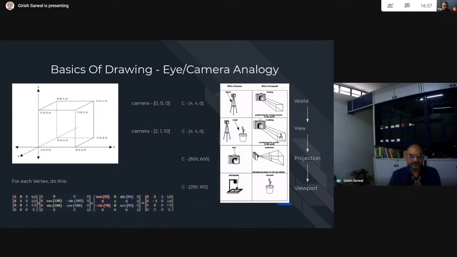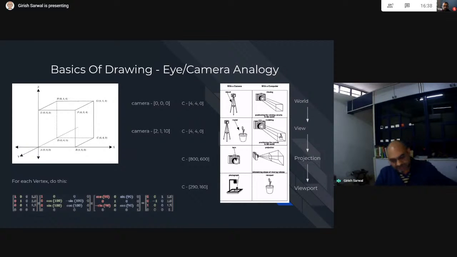The easiest way to figure out how 3D objects get converted into 2D space is by understanding how a camera works. And the graphics that I've used here are probably from a book that's about 20-25 years old now. So this is not really a new concept. It's a very old concept, but it keeps coming back.